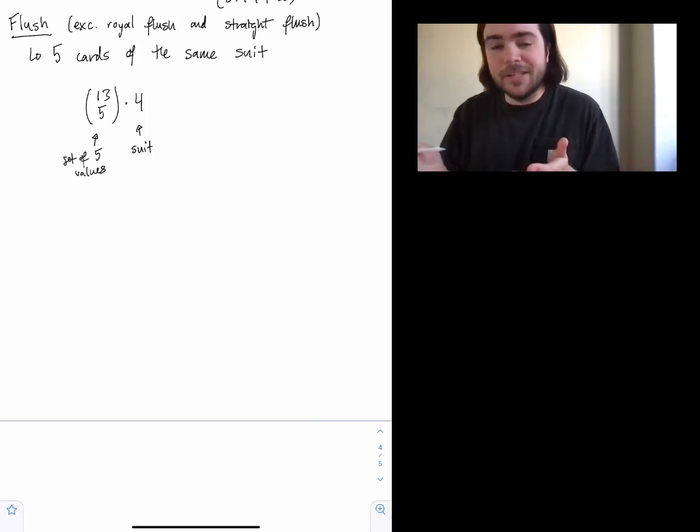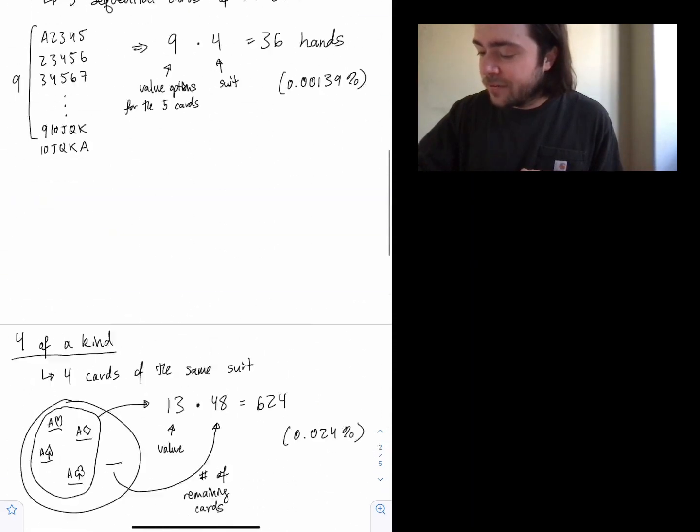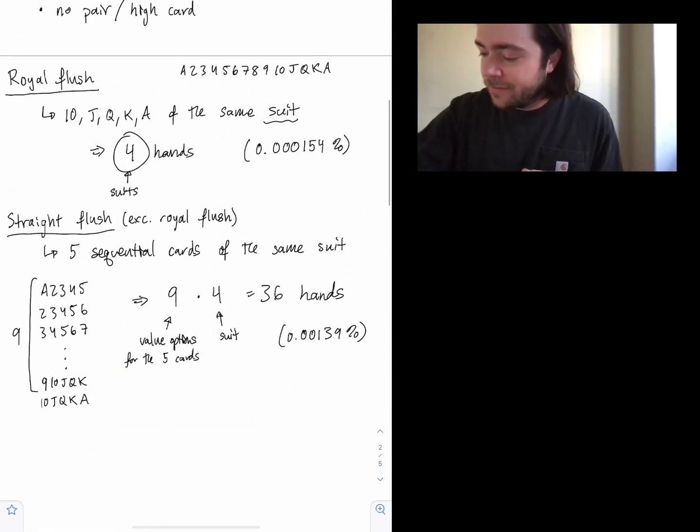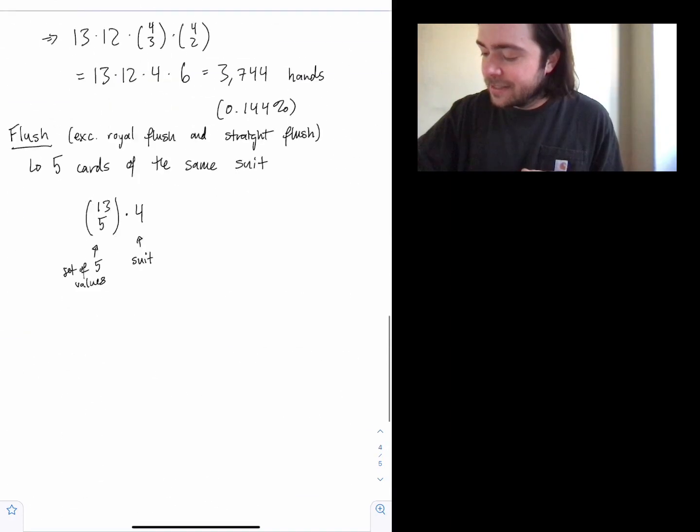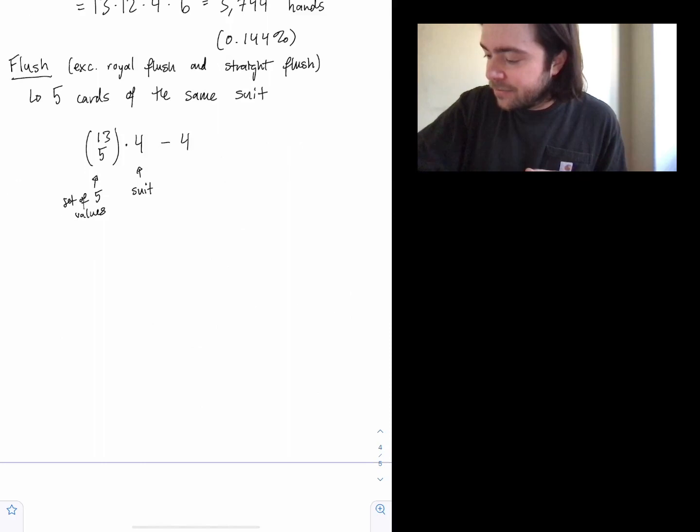Well, this is all of the flushes. Let's just subtract off all the ones we already counted. So how many royal flushes were there? There were 4, and there were 36 straight flushes. So I'm just going to subtract off here 4 minus 36. This is royal flushes and straight flushes. So we don't want to count those.